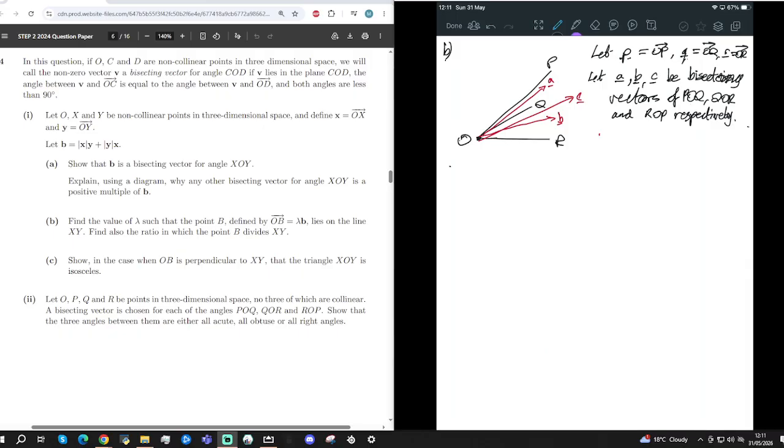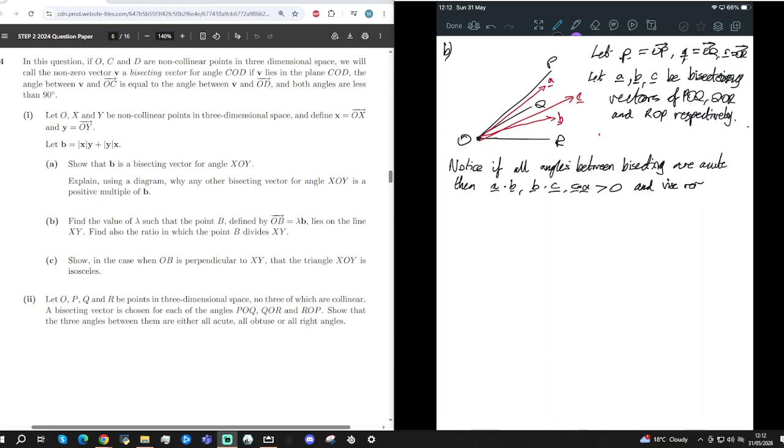So let's comment that at least. So let's notice if all angles between the bisecting vectors are acute, then A dot B, B dot C, and C dot A are all positive, and vice versa.